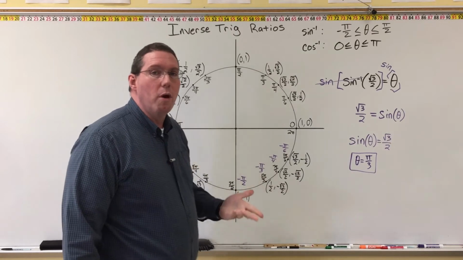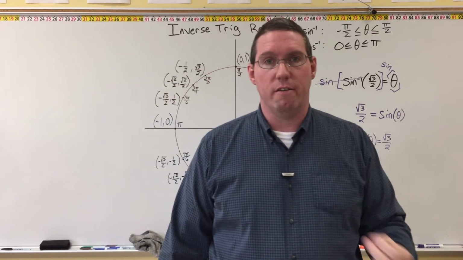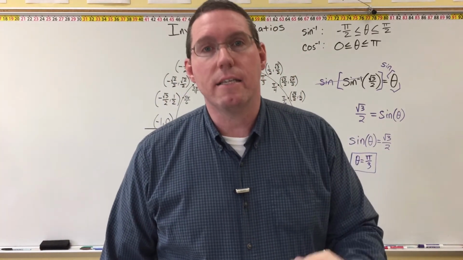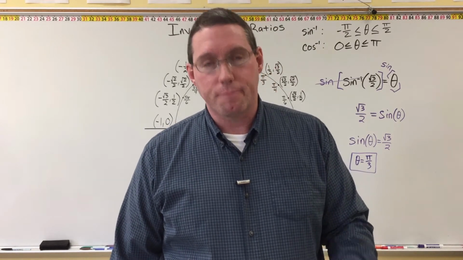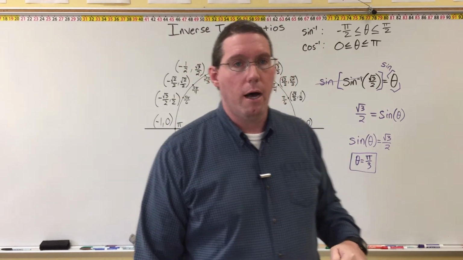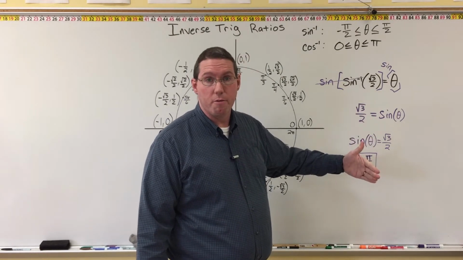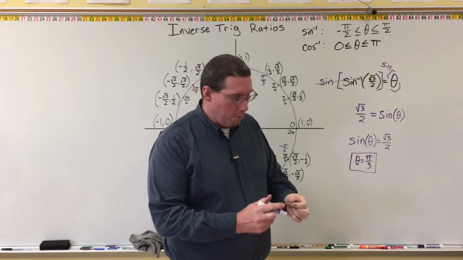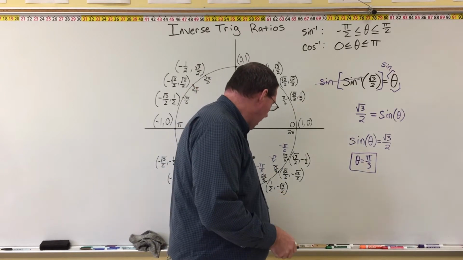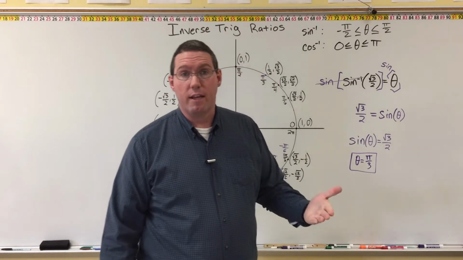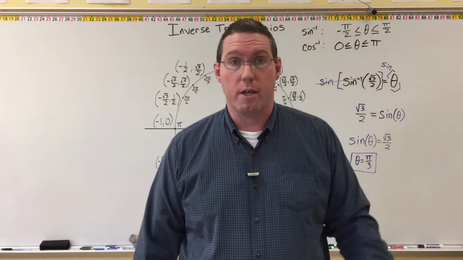But when you want to solve for tangent inverse or cosecant inverse or something like that, it makes a lot more sense to use an algebraic procedure to come up with an answer. So what we're now going to do is move on to trying to understand the inverses of tangent, cotangent, secant, and cosecant.